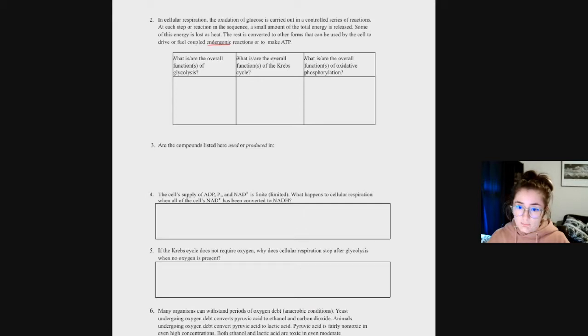So the first box asks what the overall function is of glycolysis or the multiple functions. So what happens in glycolysis specifically is that glucose gets oxidized into 2 pyruvate. So that's one thing that happens.